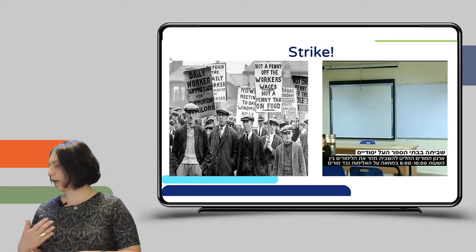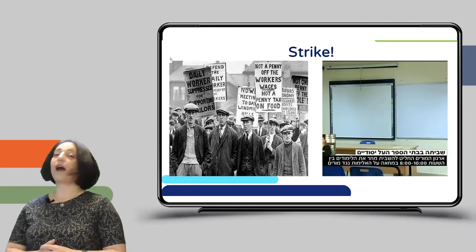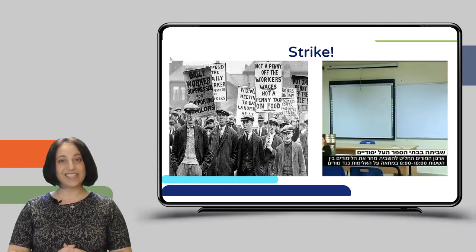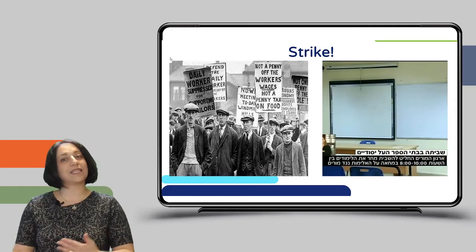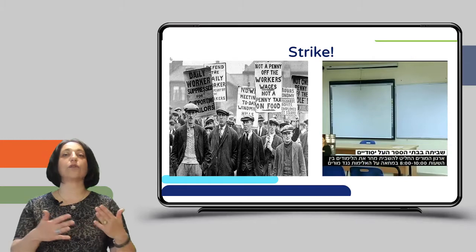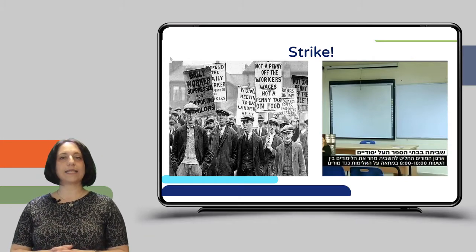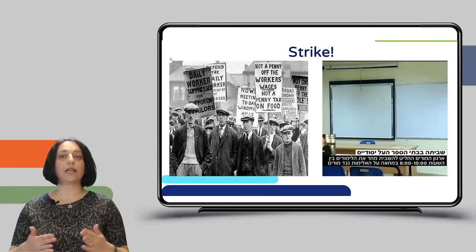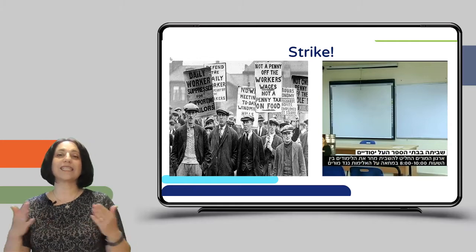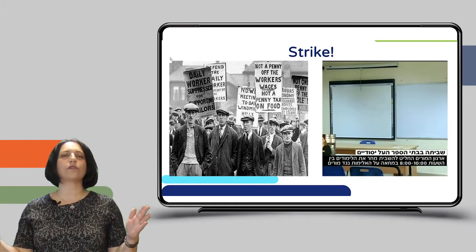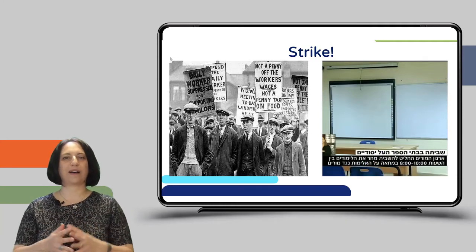You can see the people striking and holding up signs. I'm sure you also know that teachers strike sometimes, because they think things are unfair, like having 40 students in a classroom. Teachers think that sometimes the only way to get help is to make a statement and say, we are on strike. We are not working and we want you to help us.